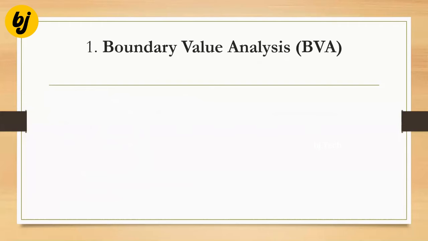What is this boundary value analysis? This technique is used to validate an input condition in terms of range or size. Whenever you want to validate the input condition in terms of range or size, we can go for boundary value analysis. This technique says that there will be three possible conditions at each boundary level to validate.